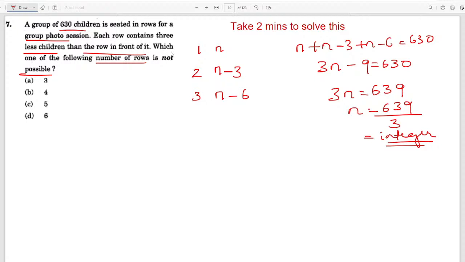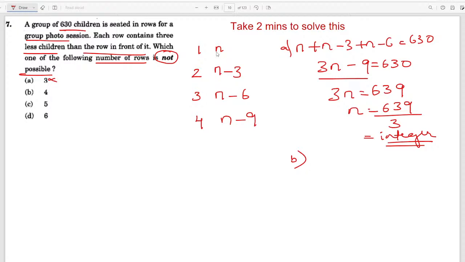They are asking which of them is not possible. So 3 is possible, and we'll remove 3 here. Then 4. This is the first case, and this is the second case.